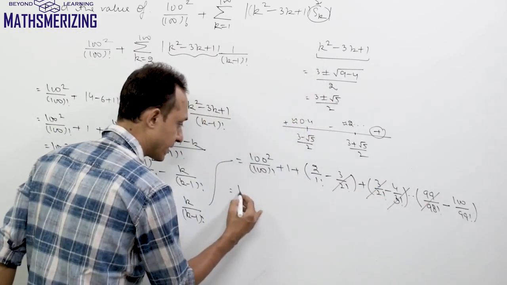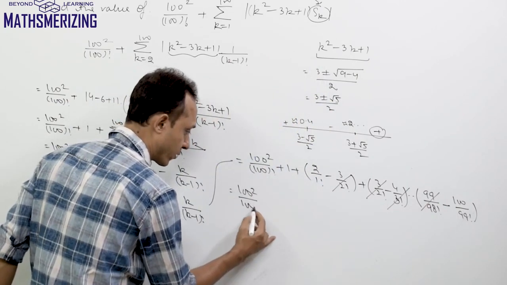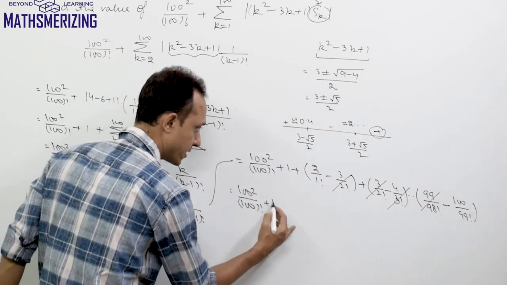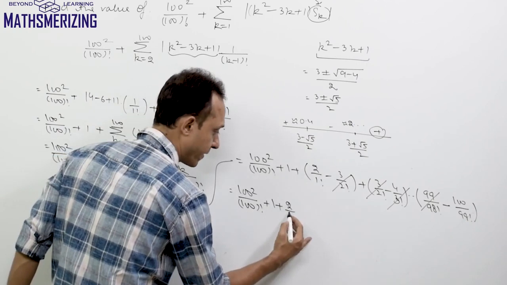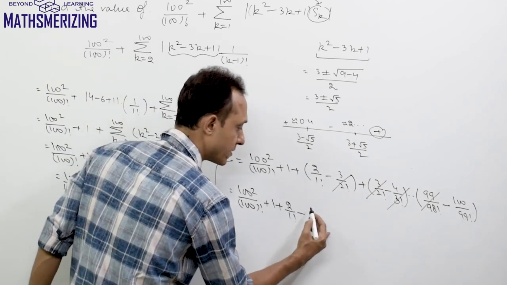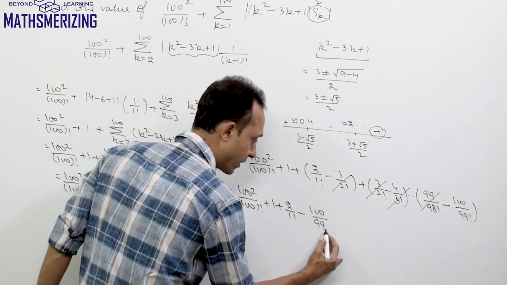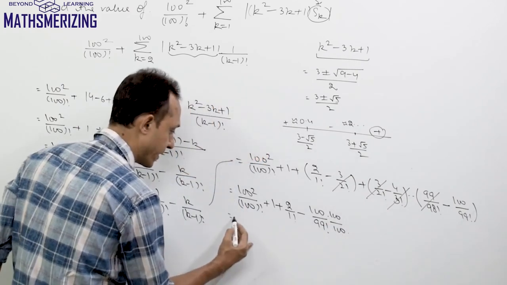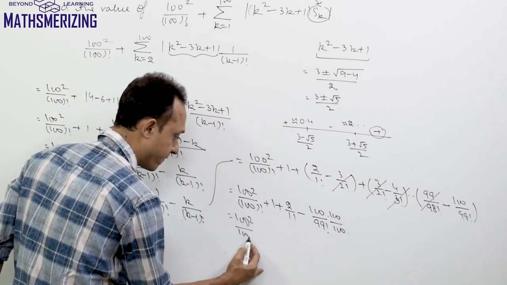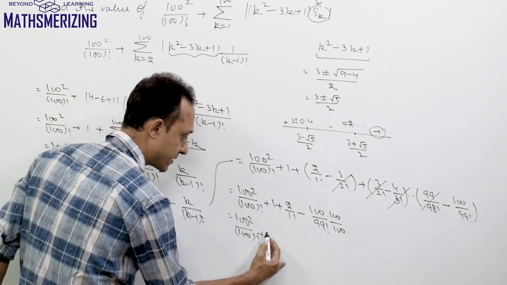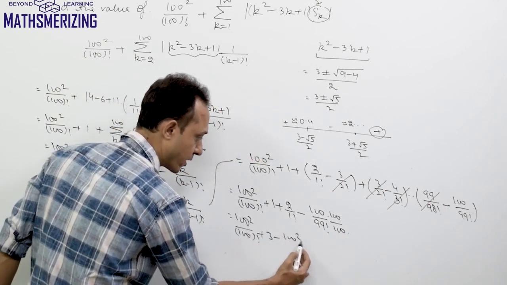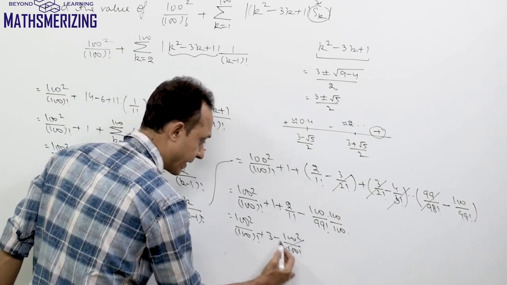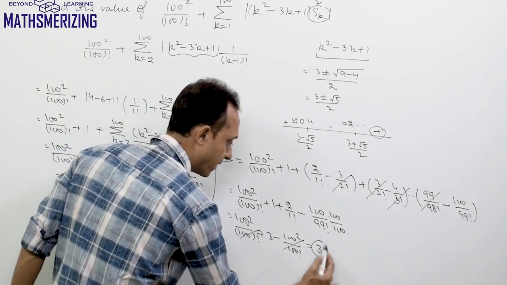So what I'm left with is 100 square upon factorial 100 plus 1, and this is 2 upon factorial 1 and minus 100 upon factorial 99. So I'll multiply it by 100 and divide by 100. So I can write it as 100 square upon factorial 100 plus 3 and minus 100 square upon factorial 100, which will get cancelled. So the answer to this question simply will be 3.